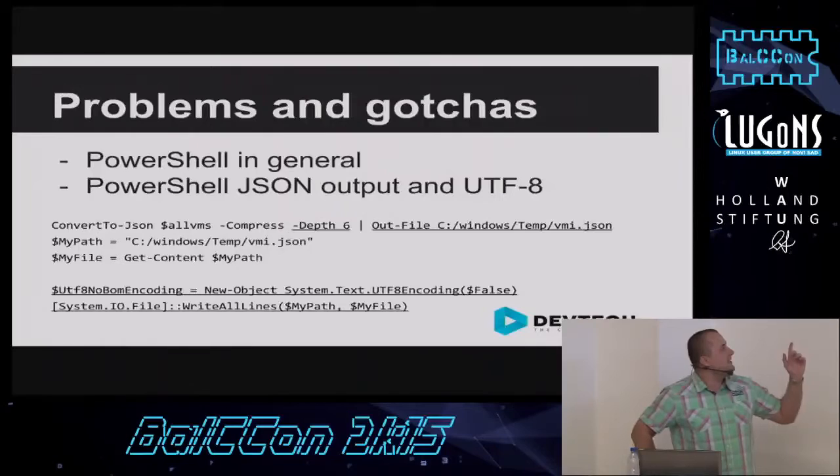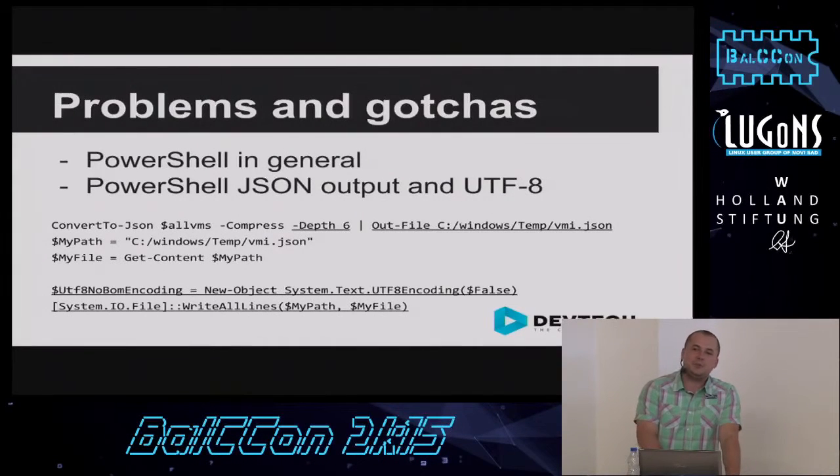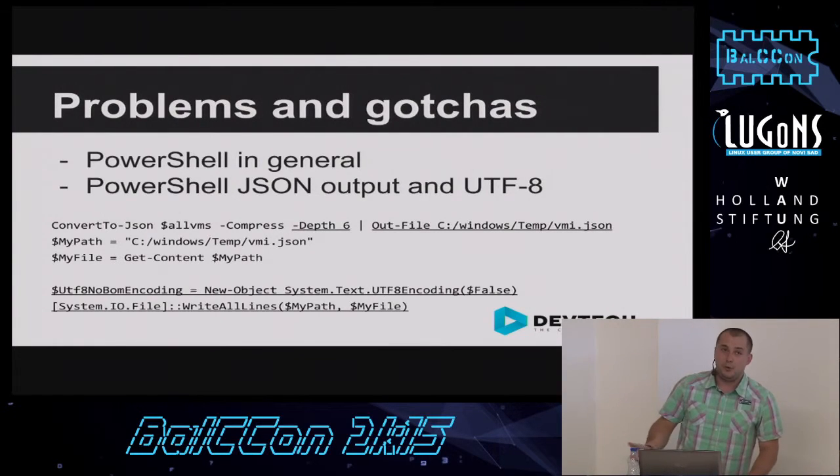Second problem, second gotcha that got me spinning for like 2 days, was that when it outputs the JSON, it's not properly formatted. They add a byte order mark to the beginning of the file. So when you read it up in Python, it turns out to be invalid. Still, I don't know why.